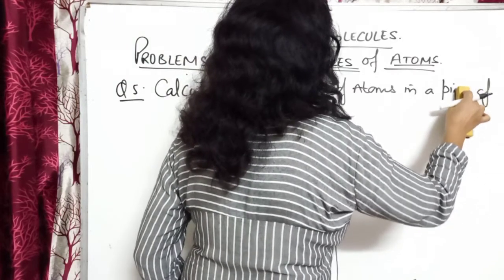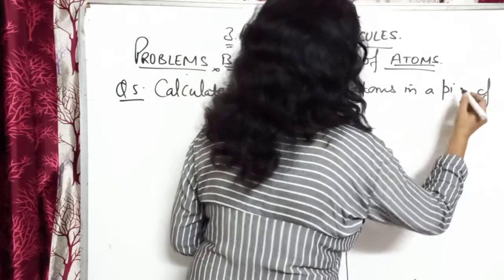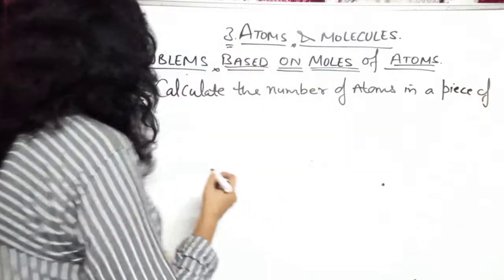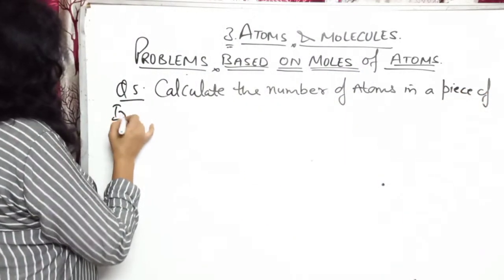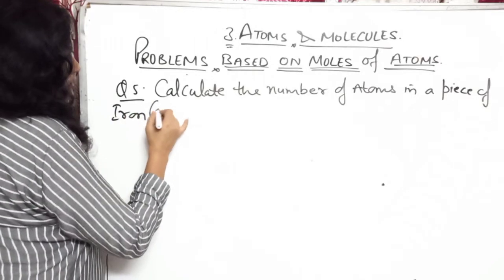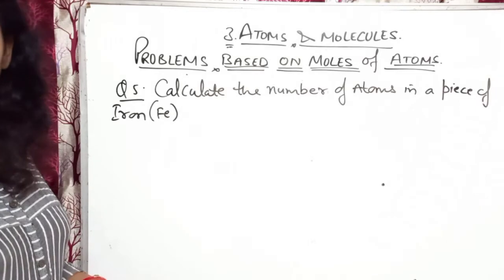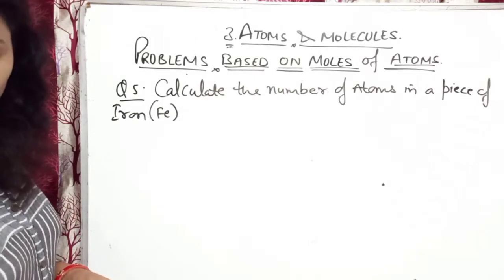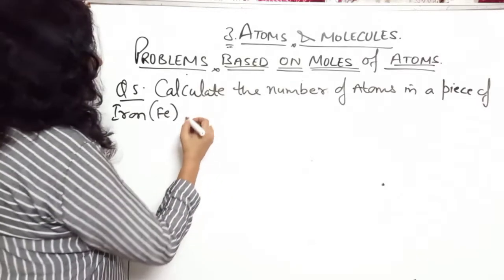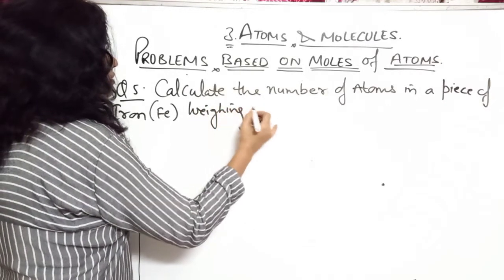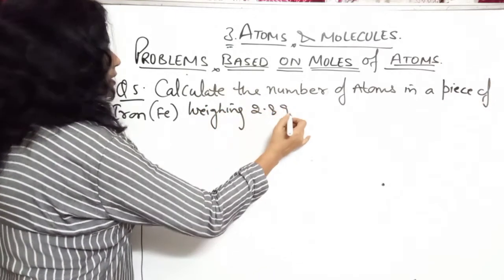You know the symbol of iron, Fe, capital F and small e, okay, weighing 2.8 gram.